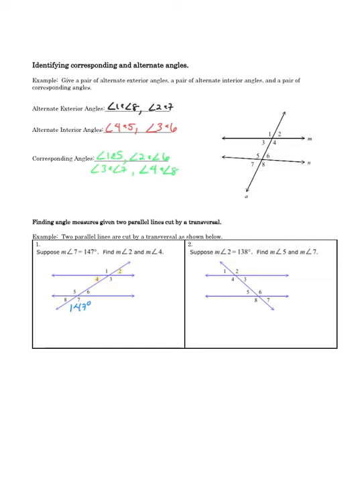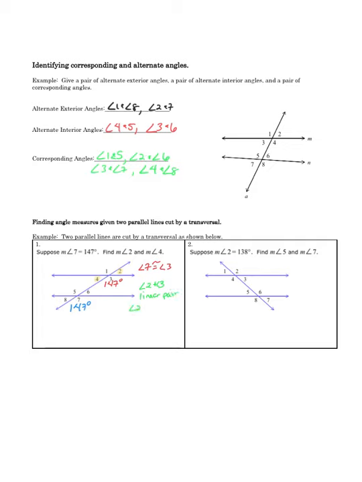So there are a couple different ways you can work this. I know angle 7 is congruent to angle 3 because they are corresponding angles. So angle 3 is 147 degrees. I also know that angle 2 and angle 3 are a linear pair.